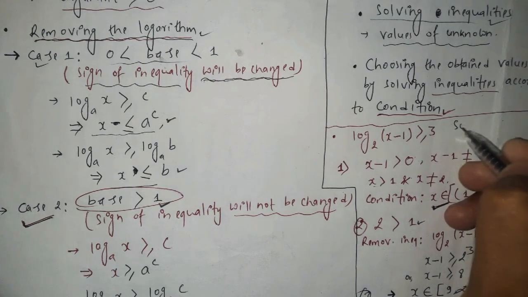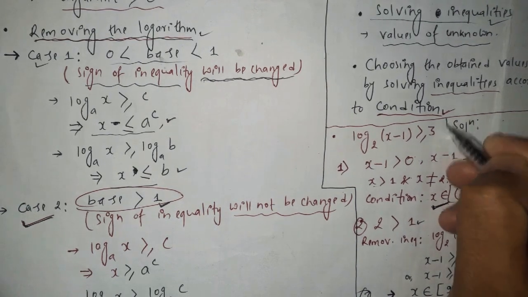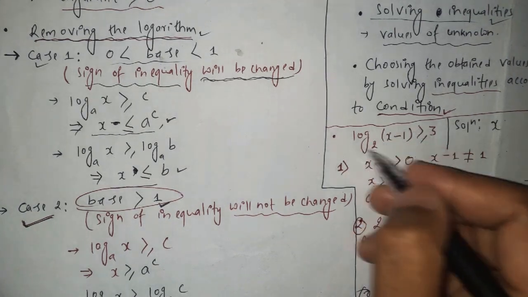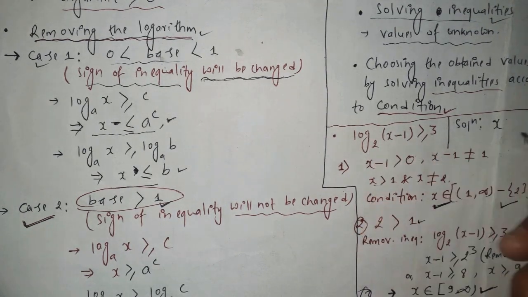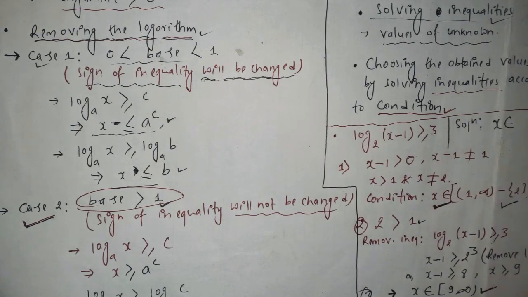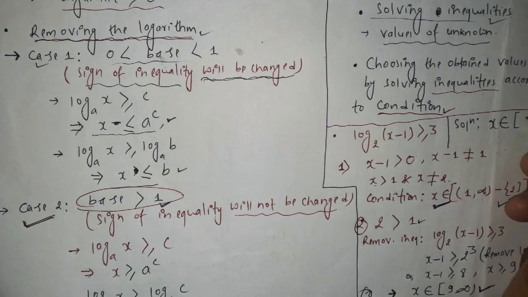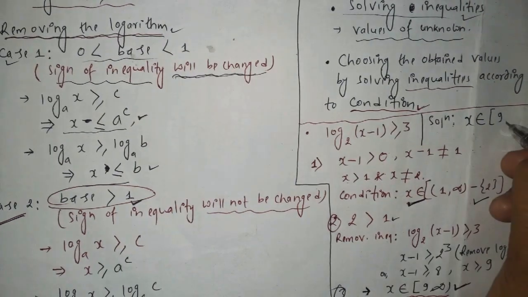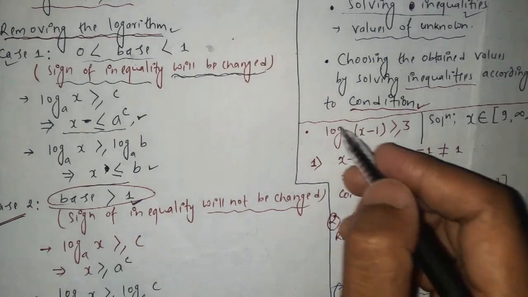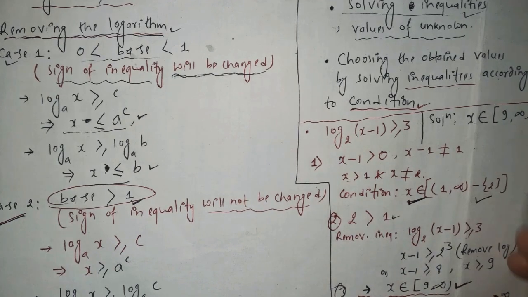The final solution is that this inequality holds true for all values of x belonging to the set from 9 to infinity. This is the solution set for this logarithmic inequality.